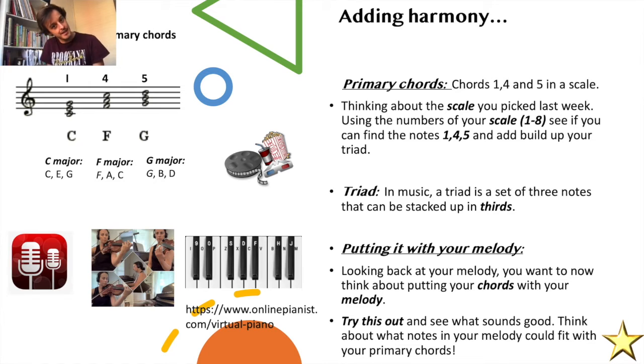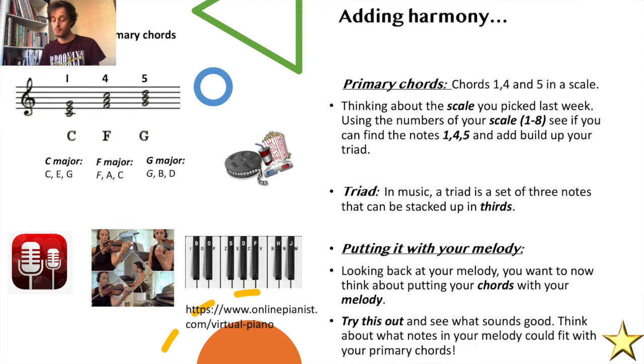Remember, minor is sad, major is happy. So these are all major chords. Now we've got G major, so we do the same process. Do the G, stack the B on top, skip a note again, D. And we've got G major, so we've got C, F and G, chords 1, 4 and 5 in C major.